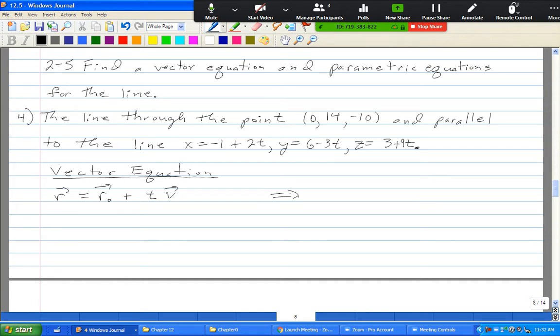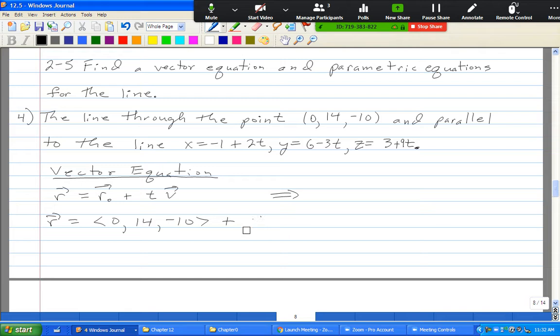And so I have that the vector r is equal to, well, let's do the initial vector. The initial vector will have coordinates 0, 14, negative 10, plus t times the direction vector.